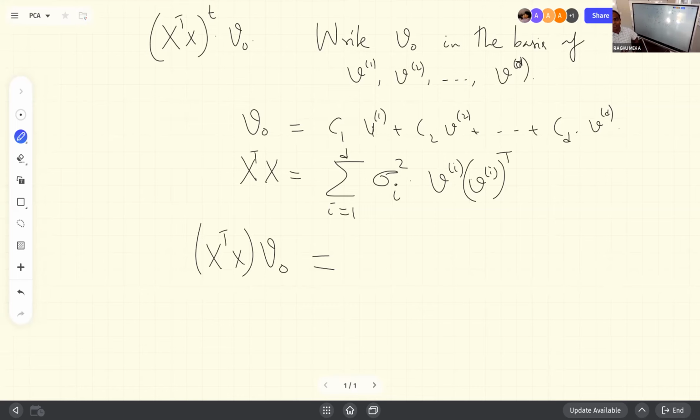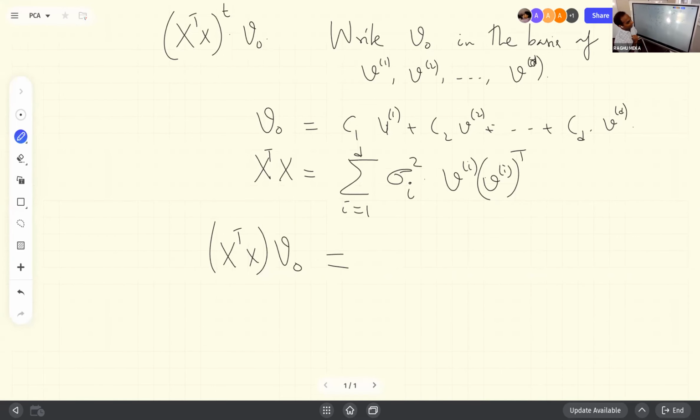How would it change the coefficients of the vector in this expansion in the basis? So I have a matrix here, I have a vector here, and I'm asking what's the matrix vector product like? What is it doing? Any guesses?